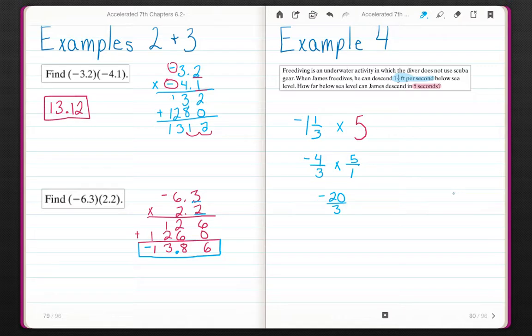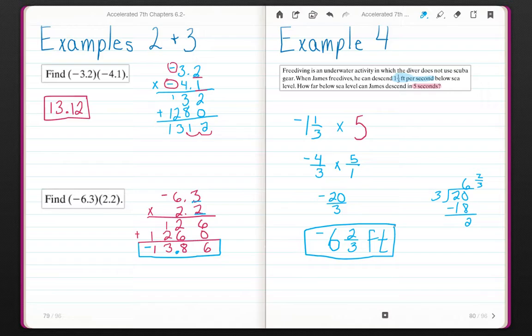Change that back into a mixed number. So 20 divided by 3 goes in 6 times. 6 times 3 is 18, remainder 2. So James dives 6 2/3 feet below sea level, or negative 6 2/3 feet, in 5 seconds.